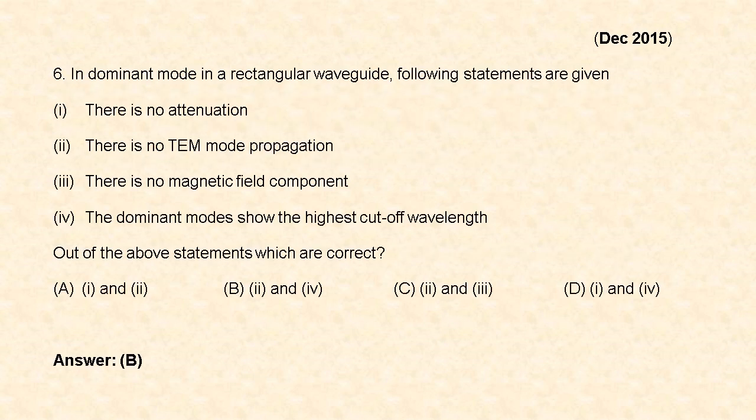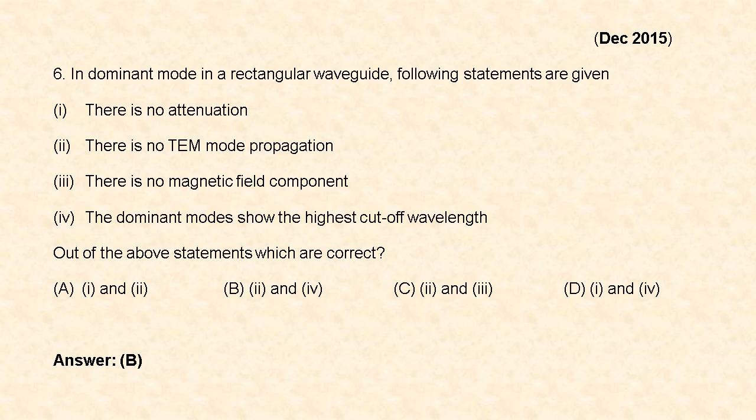Next question. This question was also asked in December 2015. In dominant mode in a rectangular waveguide, the following statements are given. First, there is no attenuation. Second, there is no TEM mode propagation, that is transverse electric magnetic mode. Next one, there is no magnetic field component. The dominant mode shows the highest cutoff wavelength.